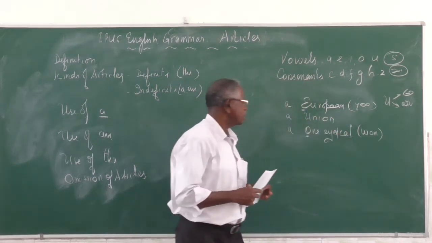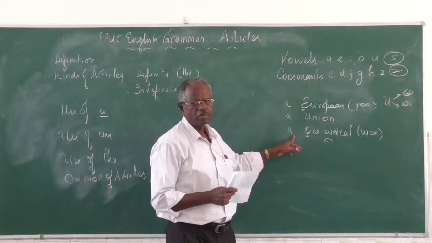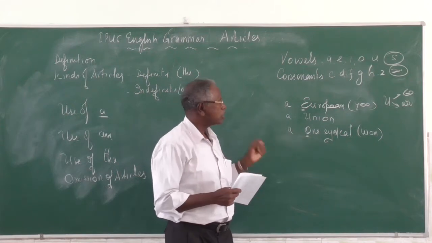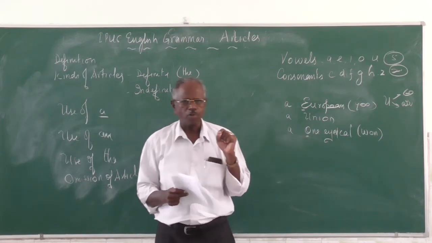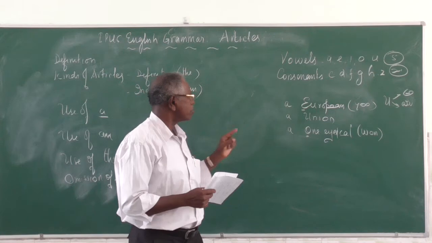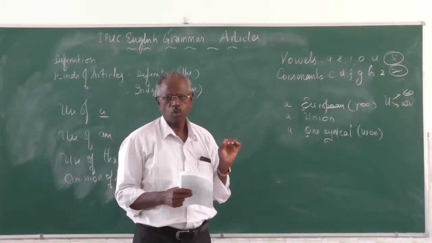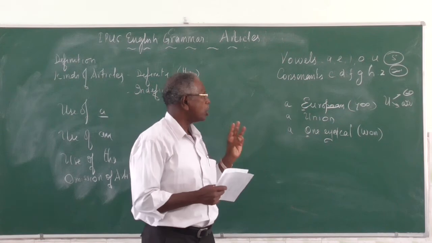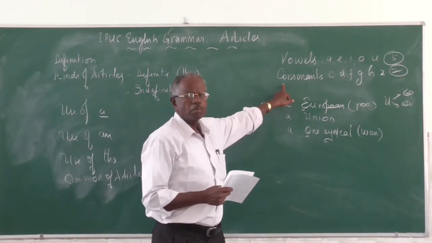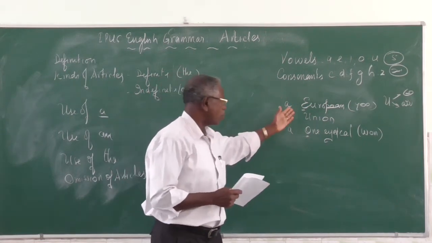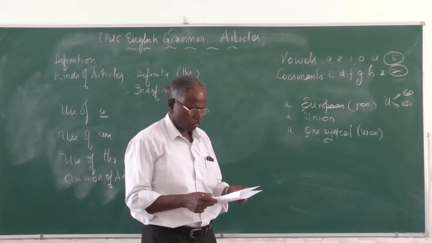So that is why we use a. And one to be known. So this is the second rule. Before a word beginning with a vowel having consonant sound. So uses of a. Number one, before a word beginning with a consonant. Number two, before a word beginning with a vowel having consonant sound.